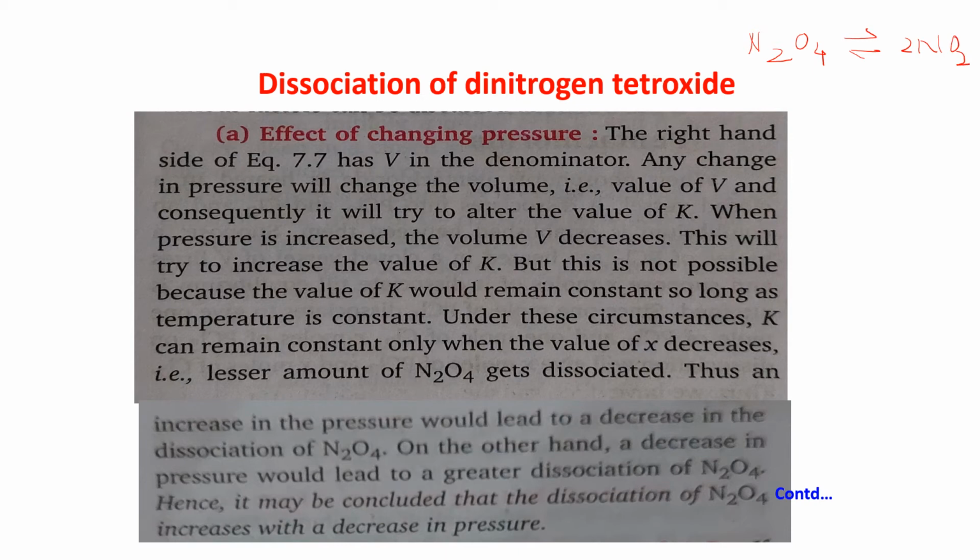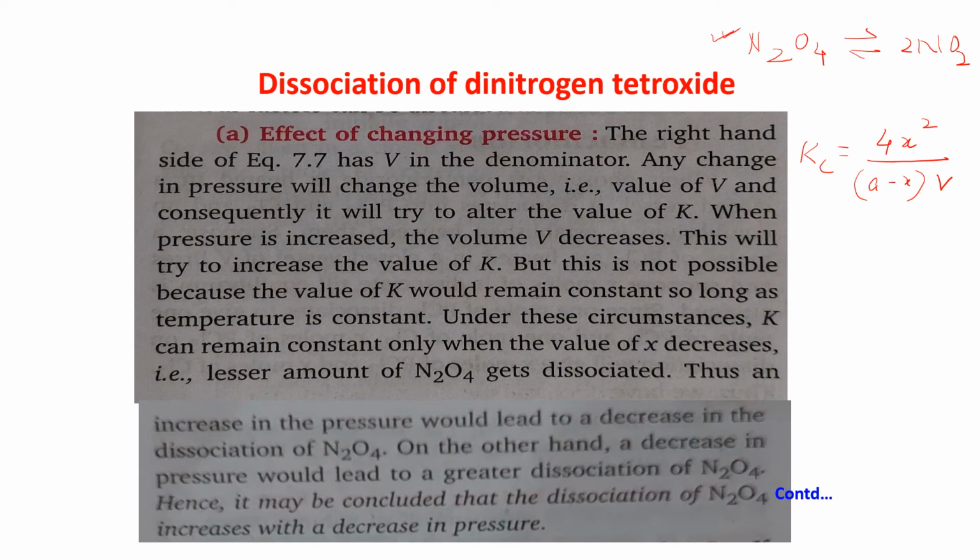And what is the Kc for this reaction we have got? Kc is equal to 4X square divided by (A minus X) into V. This expression we have got for Kc for this reaction.